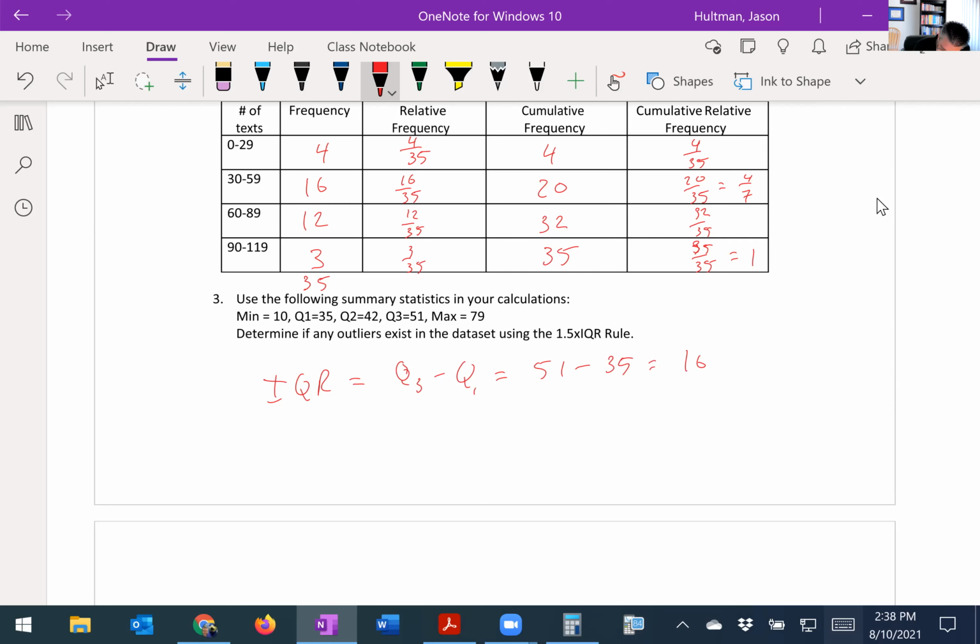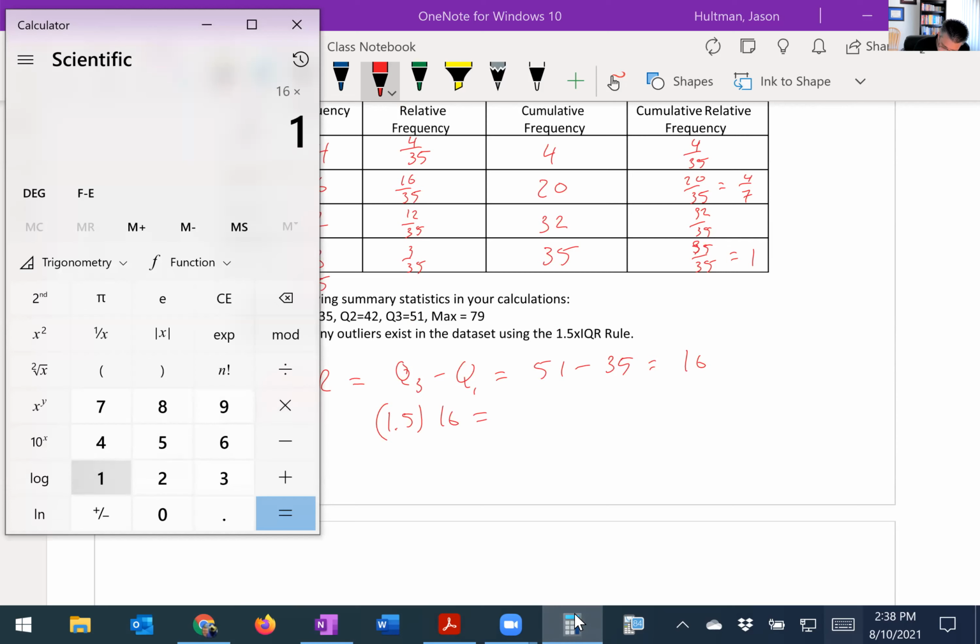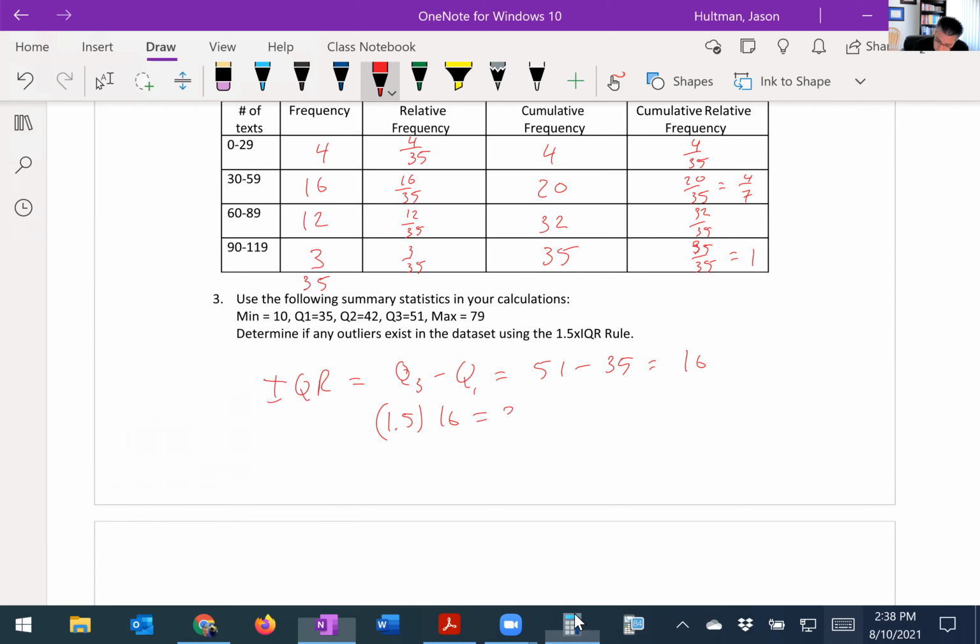So now I need to go, okay, what's 1.5 times 16? And that's 24. If I multiply that on calculator, 16 times 1.5 is 24. And so I know that to get an outlier, or the fences here, remember to get those fences on my box plot, okay, what are my fences?